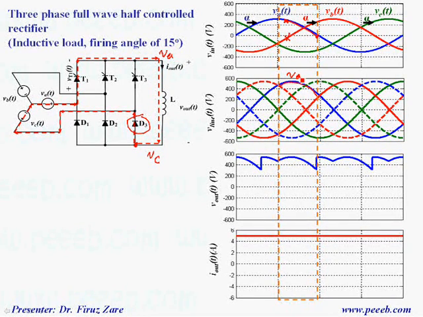So line voltage appears across the load over this cycle, whereas in the previous time we had VAB.